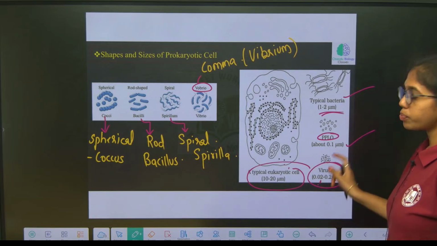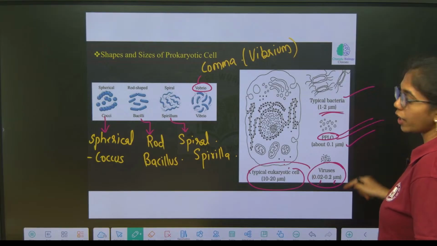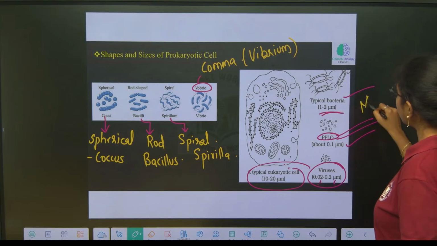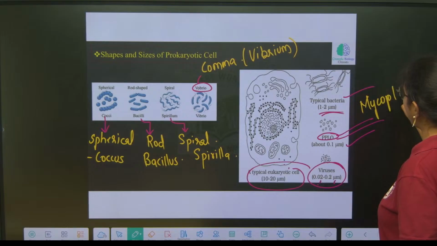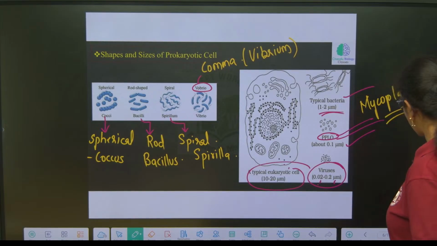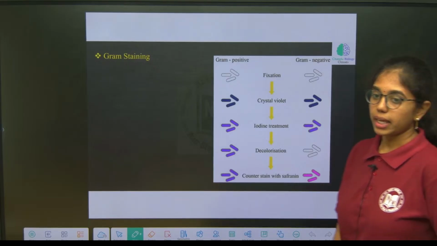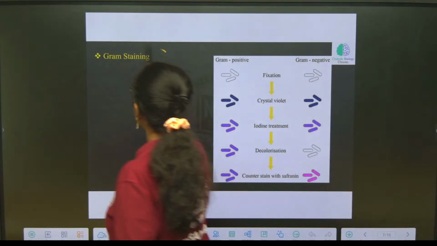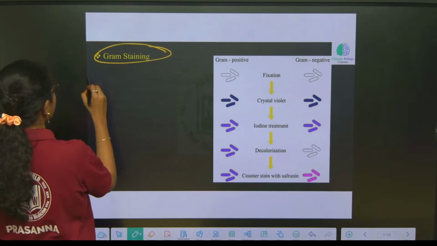Of this, the smallest cell is pleuropneumonia like organisms, because these are the examples of mycoplasma, which is the smallest living cell. Okay? And then Gram staining. Gram staining is a technique which is developed by Christian Gram.